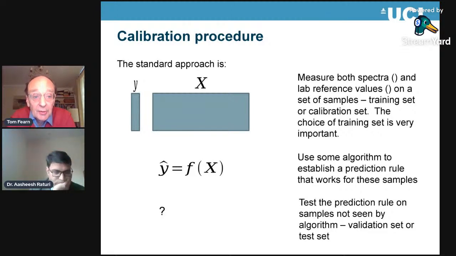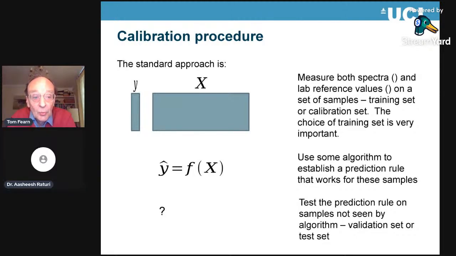So you take a set of samples called a training set, you measure using the lab method the thing you're interested in, and you measure using the instrument a spectrum or some spectral data for each one of those samples. And then what you're going to do is use some algorithm, and I'll talk a little bit about the sort of algorithms one might use, that establish a prediction rule that works well for these training samples.